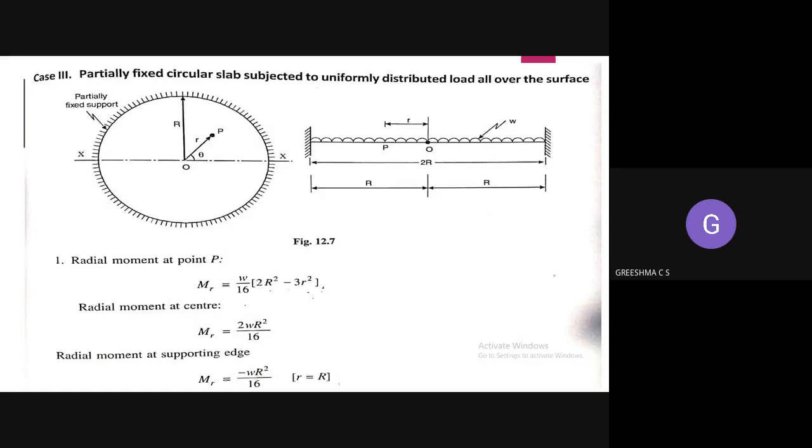Here, the same way, this is the radial moment. Radial moment is equal to W by 16 (2R square minus 3r square). The maximum moment at the center you will get when you substitute r is equal to 0, so you get the radial moment at the center as 2WR square divided by 16.